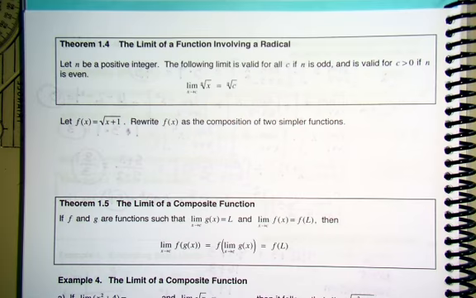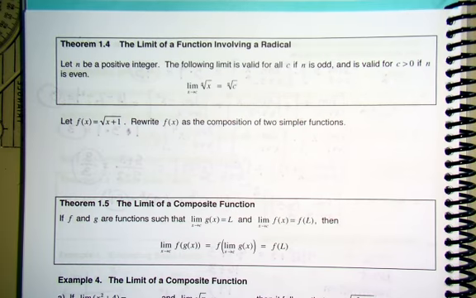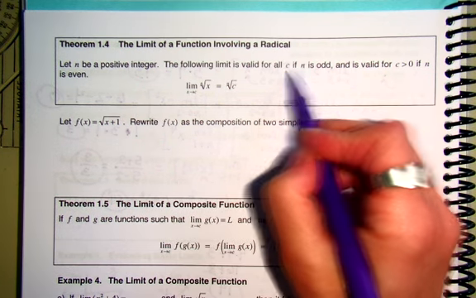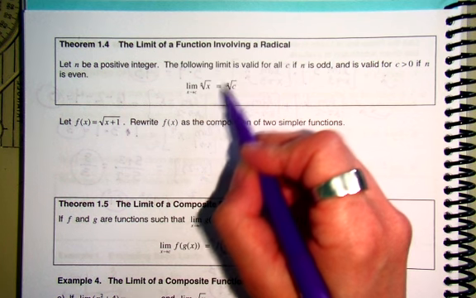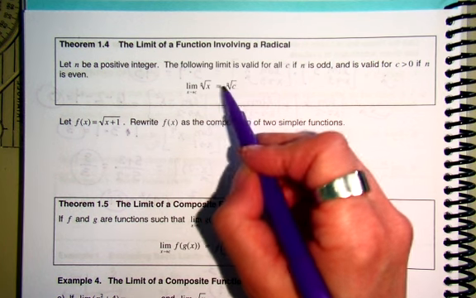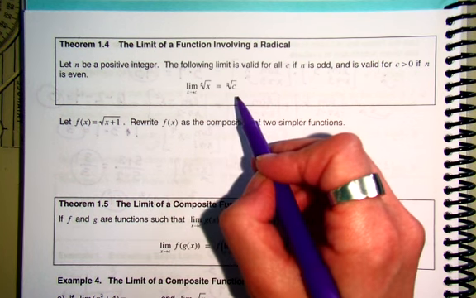Let n be a positive integer. The following limit is valid for all c if n is odd, right? Because if I've got a cube root or a fifth root or a seventh root, I can take the cube root of a negative, right?